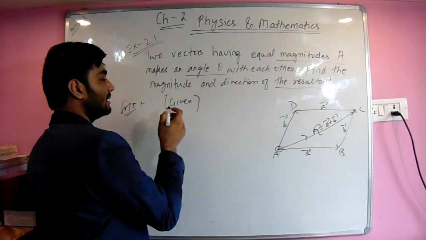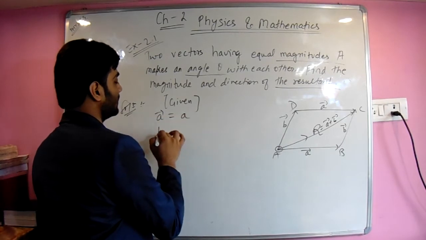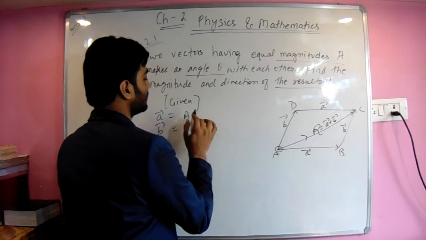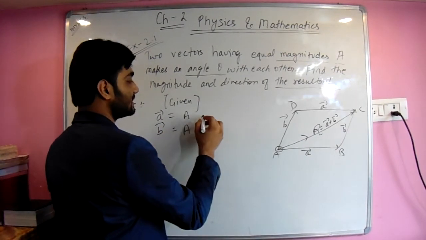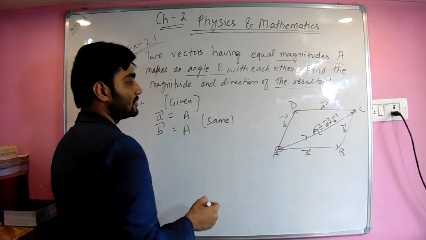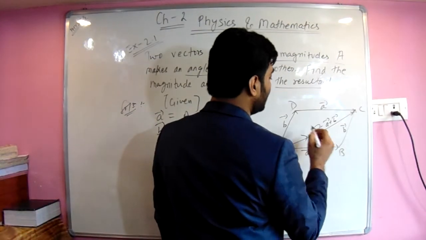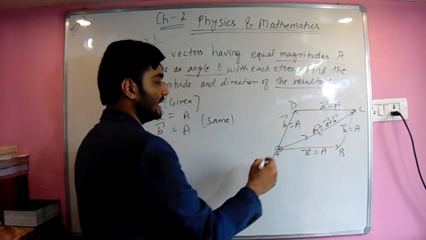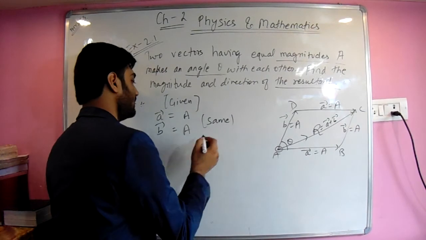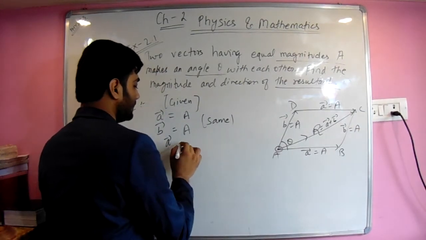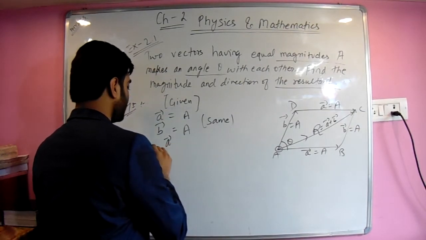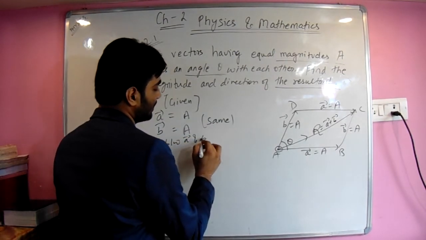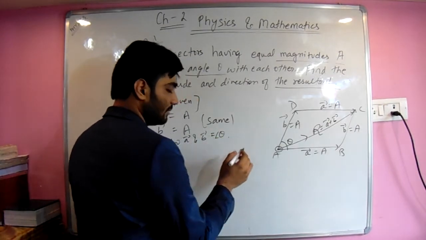A vector has magnitude A, B vector has magnitude B, both the same, capital A, as given in the question, and the angle between A vector and B vector is theta.